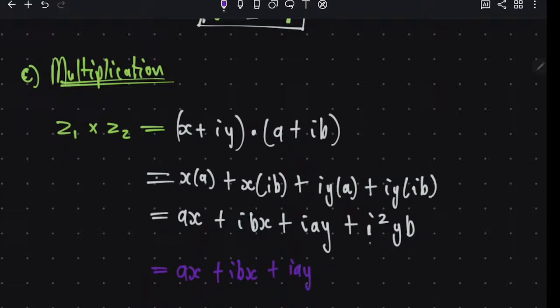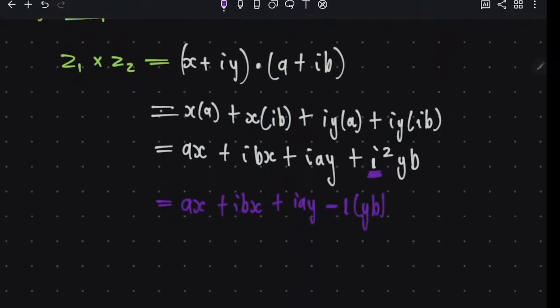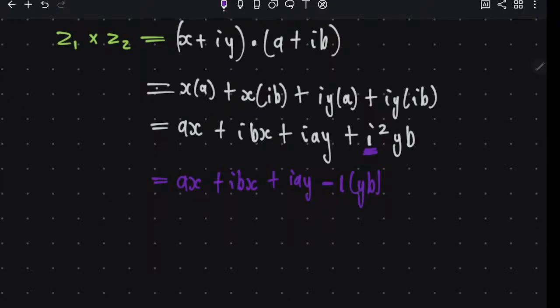But here we now have an I squared, which should become a negative 1. So it will change the sign here. It's negative 1 by YB, which is negative of YB, because once we see I squared, we remove it.